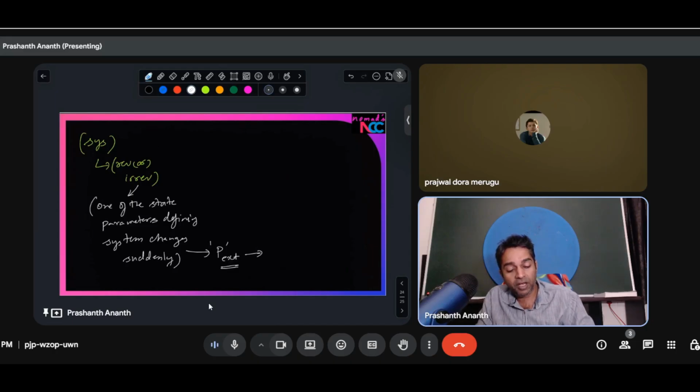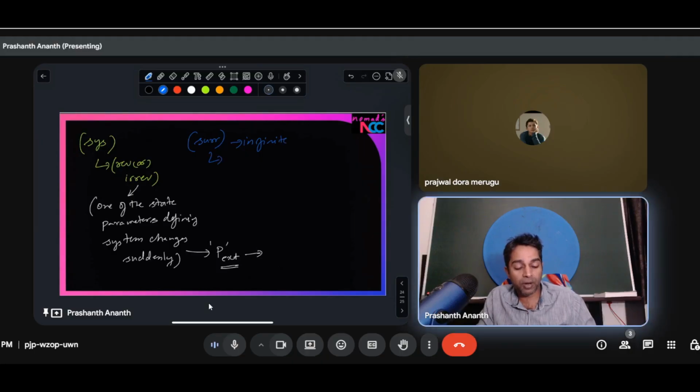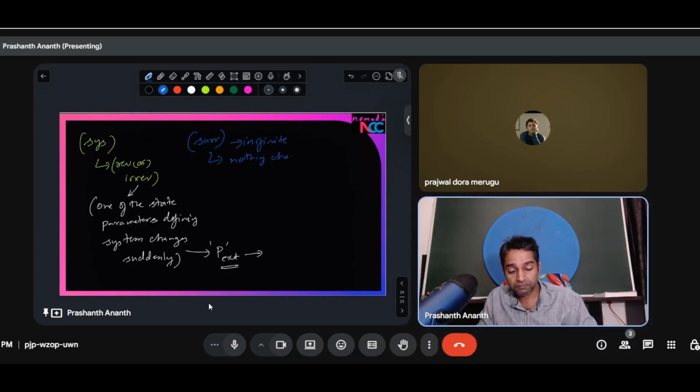But if I am going to be considering surroundings, surroundings is infinite. Nothing can change abruptly for the surroundings, because it is infinity. So if nothing changes abruptly for surroundings, what does that mean?